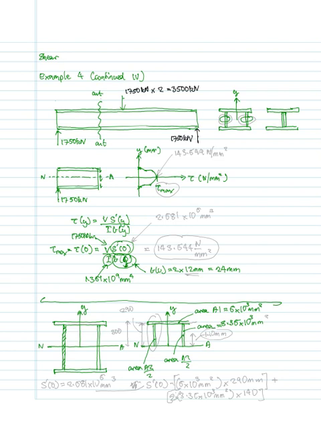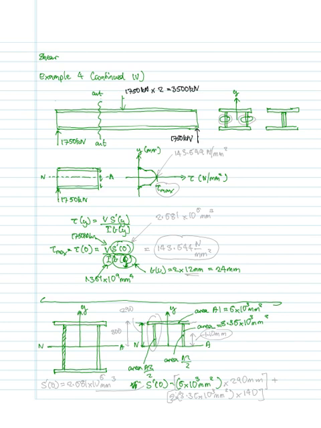So that's going to be half the area, and that area is going to be equal to 3.36 times 10 to the 3 millimeters squared.